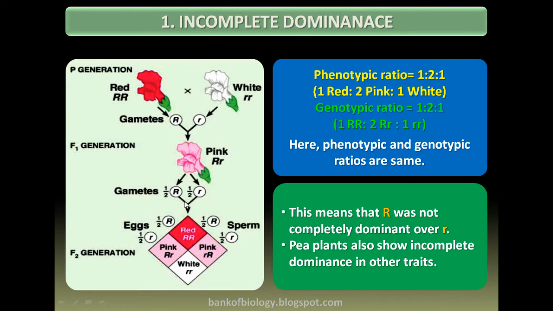And this is a deviation from Mendelian ratio because the phenotypic ratio in the F2 generation is 1:2:1 instead of 3:1, because the heterozygous form showed pink color rather than red. The genotype ratio is also 1:2:1 and the phenotype ratio is also 1:2:1.